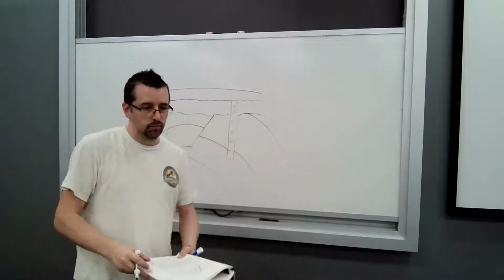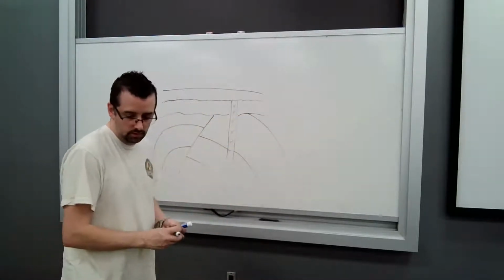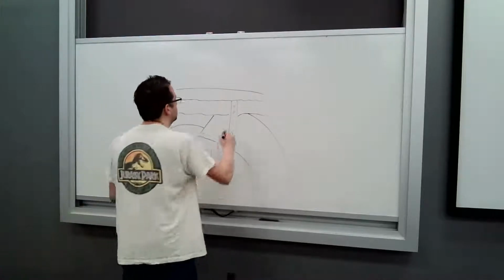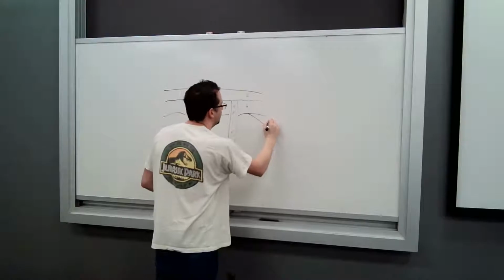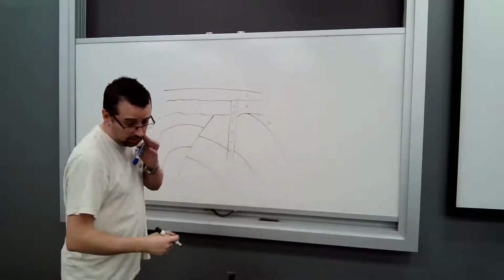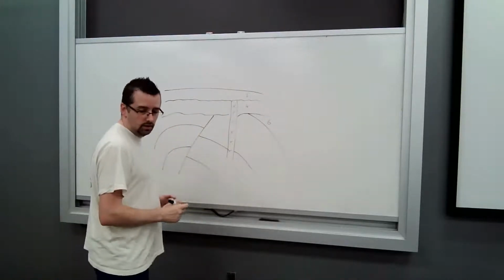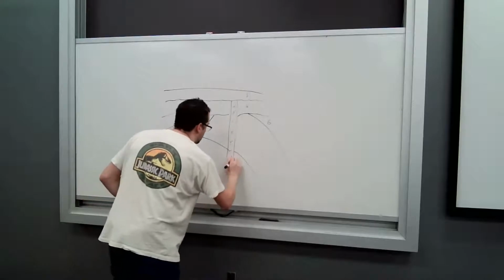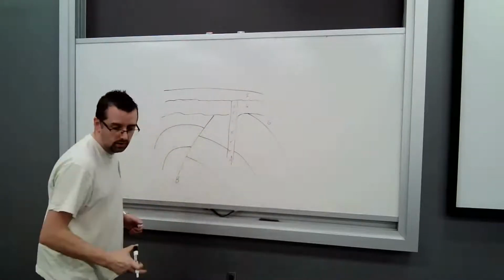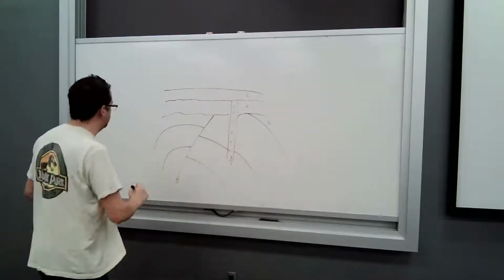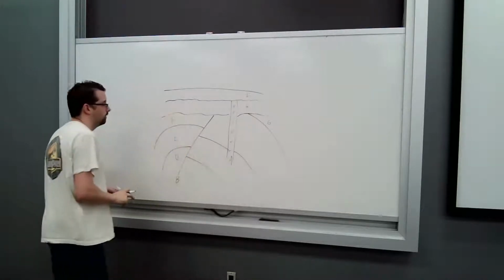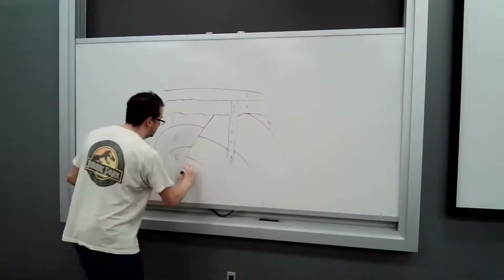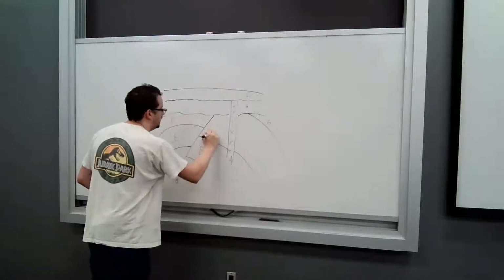Okay. And it labels it I, H, G, A, B, D, F, D, E, F. And also D, E, F.